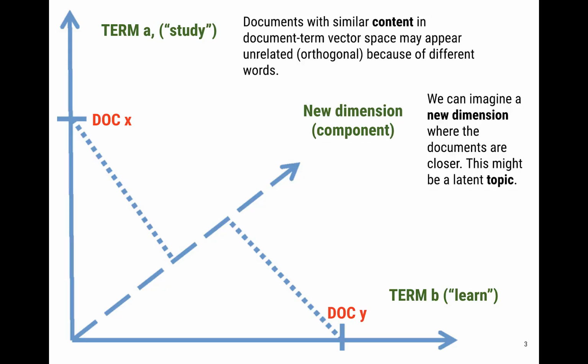Wouldn't it be interesting if we could discover a new dimension, which we'll call a component, onto which we could project document X and document Y, where these two documents might appear closer than being completely orthogonal to each other as they currently are represented? That would be pretty cool. We would imagine this new dimension as a latent topic.